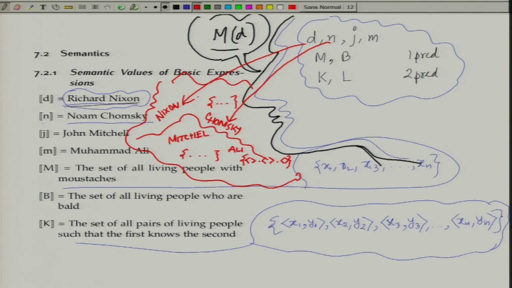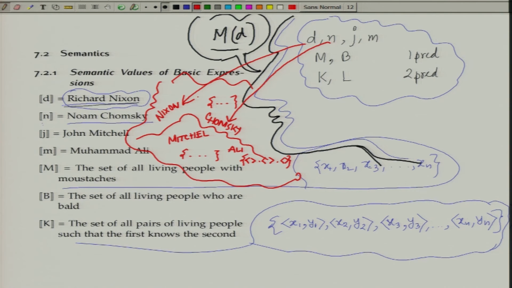Thus, there is correspondence everywhere. I do not know who has a moustache and who does not, so I can't actually draw a picture of the reference of M here, but we shall be able to do that when we do the advanced models. But now we'll go to the semantic rules.